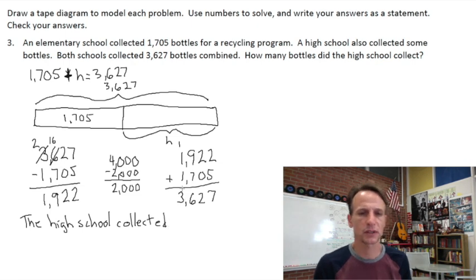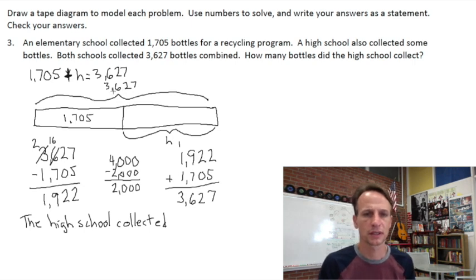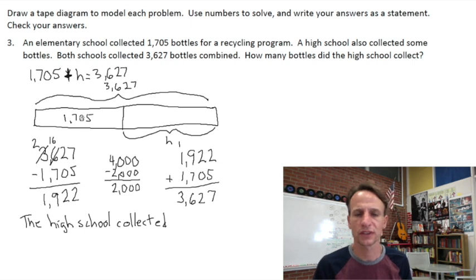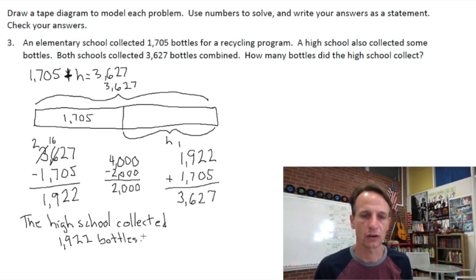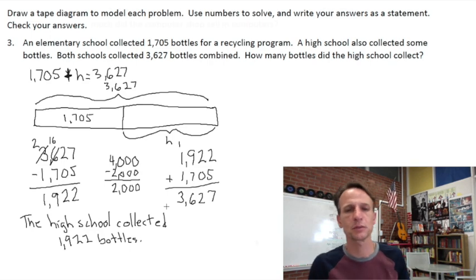Now make sure we get the right number here, not the 3,627, that's the whole, not the 1,705, that's the elementary school. It was this H that we solved for, that's the 1,922. 1,922 what? Yes, bottles. Good job, high school. All right, and now we're ready to roll on to number 4.